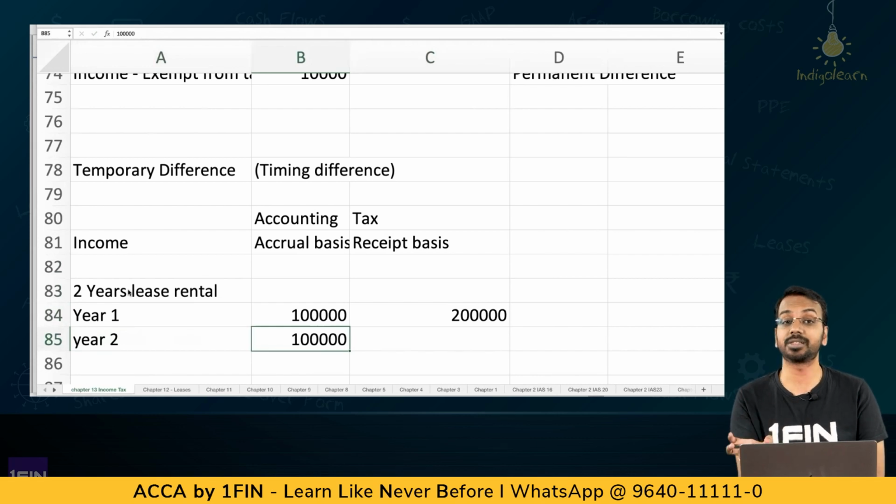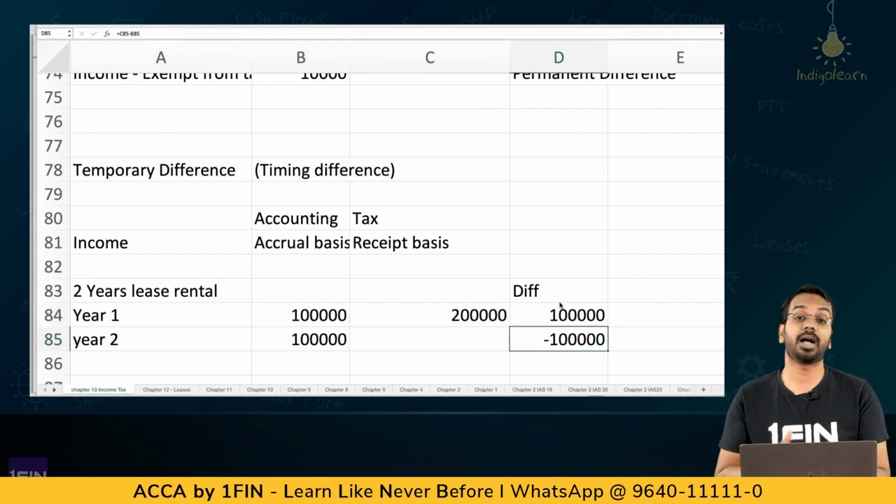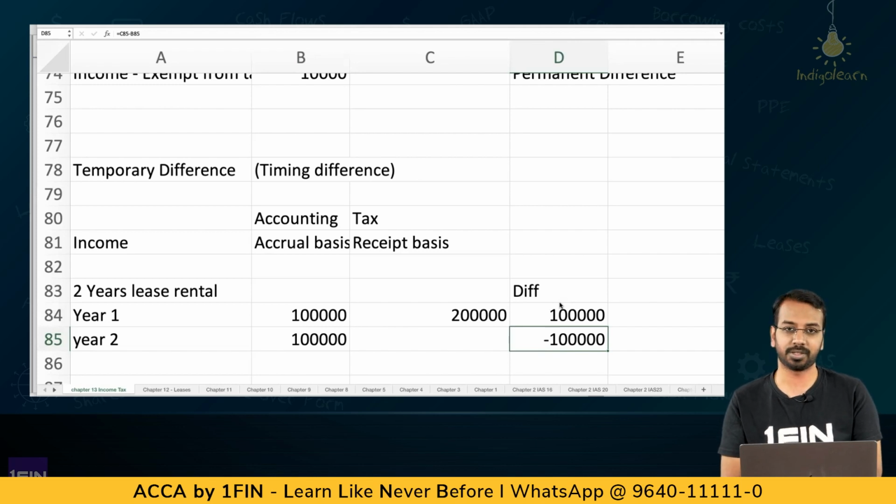So there is a difference. Now the difference, if you see, first year higher tax payment, second year lower tax payment. Okay, this is what is called temporary difference. In the accounting income it is taken in one period, in the tax it is taken in another period. That is what creates the temporary difference, right?